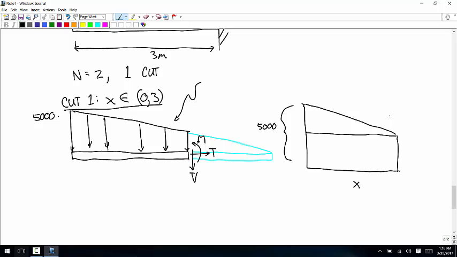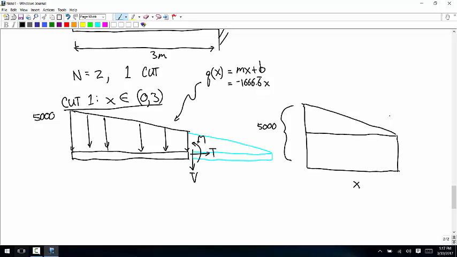If we can calculate that function that represents this line, then that tells us the height at this point, x. And that's the height of the rectangle. Okay, so that q is going to be the height of the rectangle. What is that q? So this time, the rise is negative 5,000. Now it goes from 5,000 to 0 over a run of 3 meters. So q of x is equal to mx plus b, which is negative 1666.6 repeating x. And what about b? When x is equal to 0, what's the value of the function? 5,000.